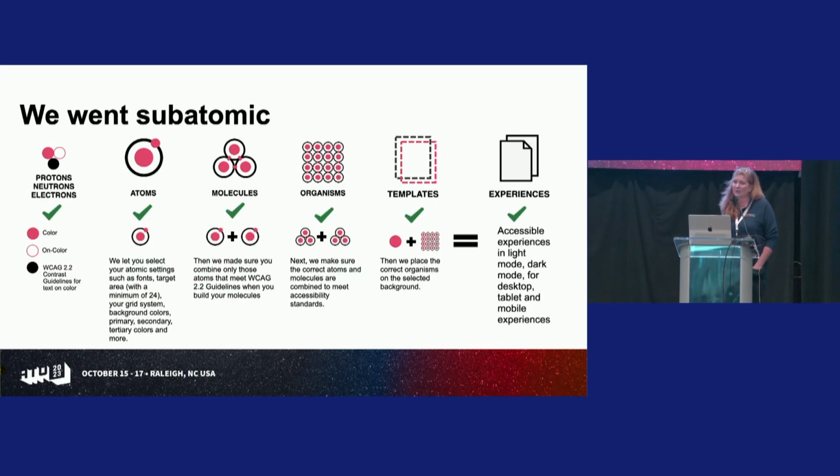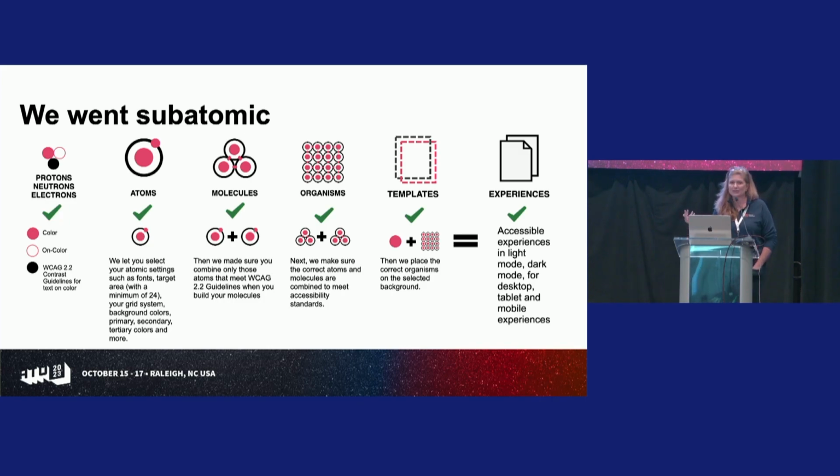So what we did is we decided to go subatomic. We introduced the ideas of neutrons, electrons, and protons into the design system. Basically, for every color that you introduce, we create 10 different shades of that color in light mode and dark mode, but we also make sure that every one of those colors or shades is matched with an on color.